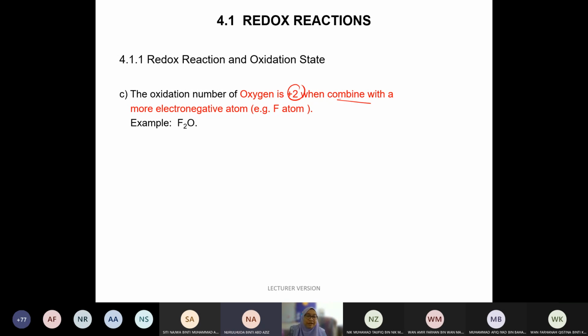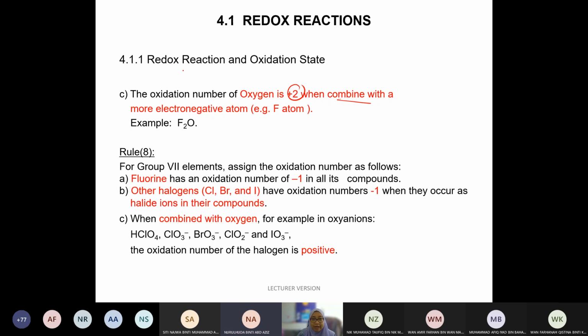Okay, sebab fluorine the king lah, the king of electronegative kan, species. So when it combine with fluorine, dia akan carries the +2 oxidation number. Fluorine on the other hand, sebab dia most electronegative kan, will remain with the negative oxidation number.